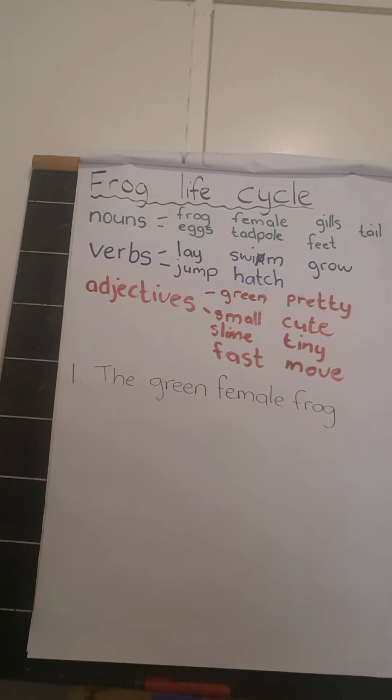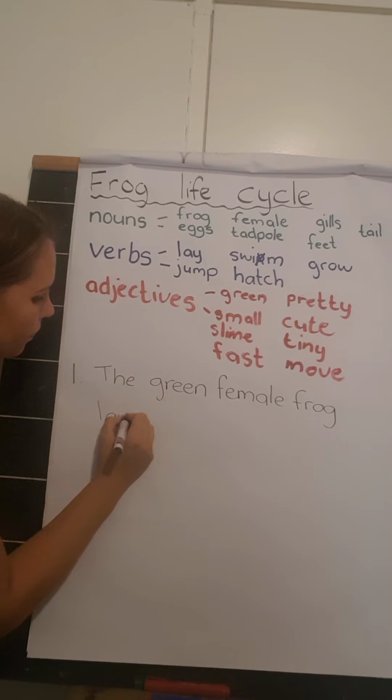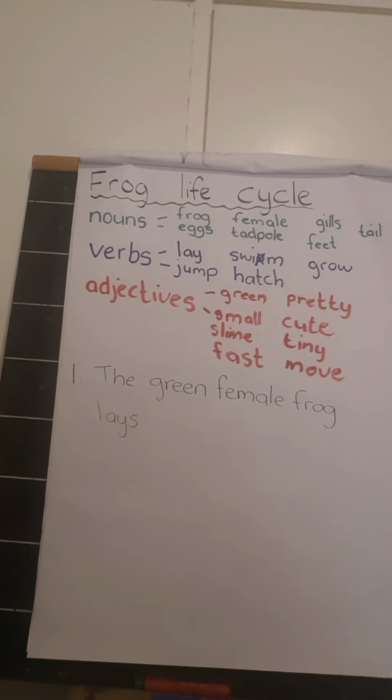Now the next part of my sentence I want to think about. The green female frog lays, there's my verb, eggs. Is there a word that I could maybe use to describe eggs? Yes, I can use small eggs, lots of eggs, slimy eggs.